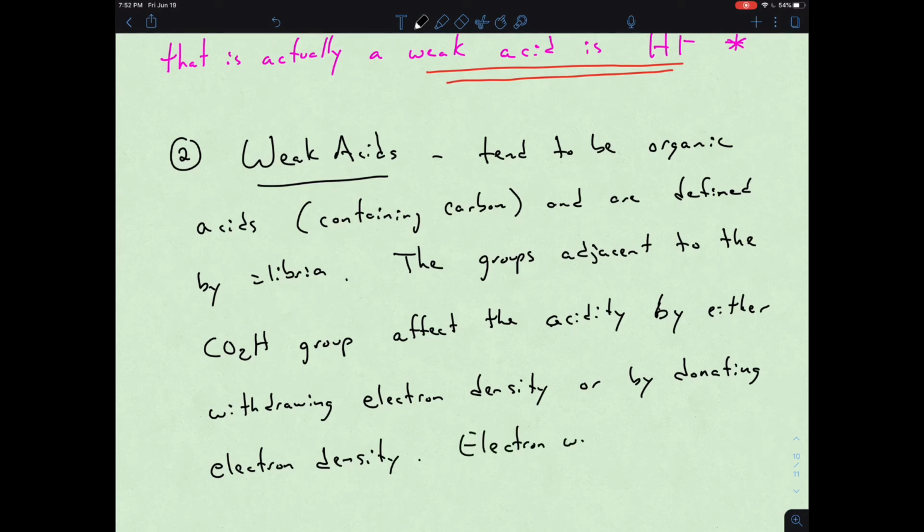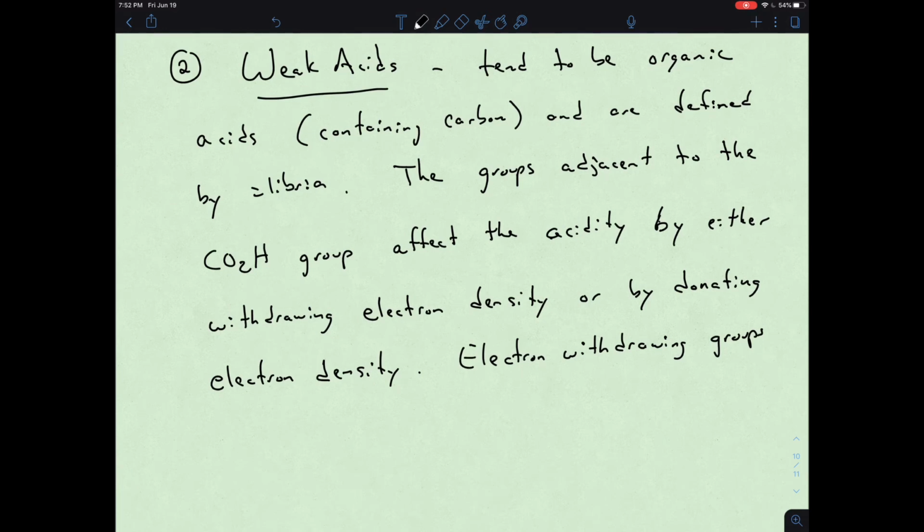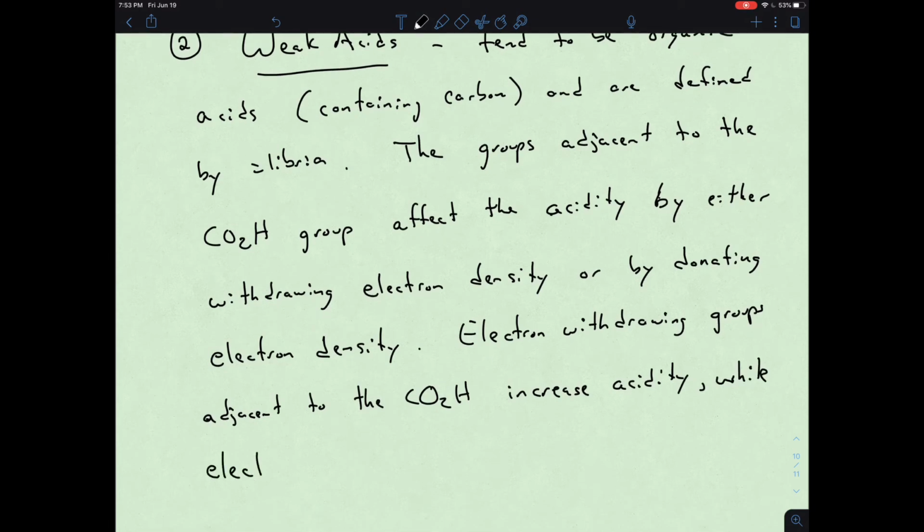So electron withdrawing groups adjacent to the CO2H increase acidity, while then electron donating groups decrease that acidity.